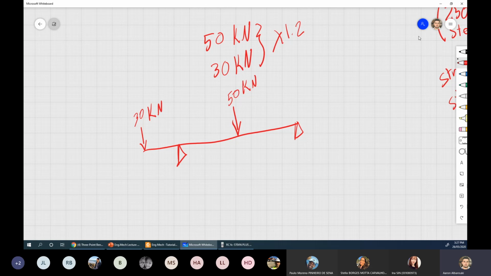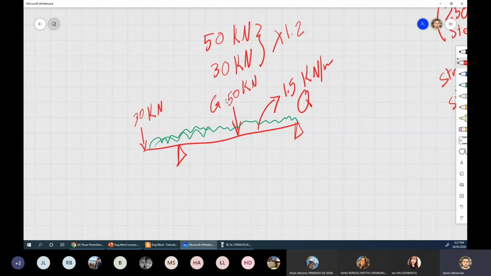And I tell you also, this beam is supporting the floor for a house, for example. That means this will have a uniformly distributed load, UDL, of 1.5 kilonewton per meter. But this is live load, we call it Q. This is G.